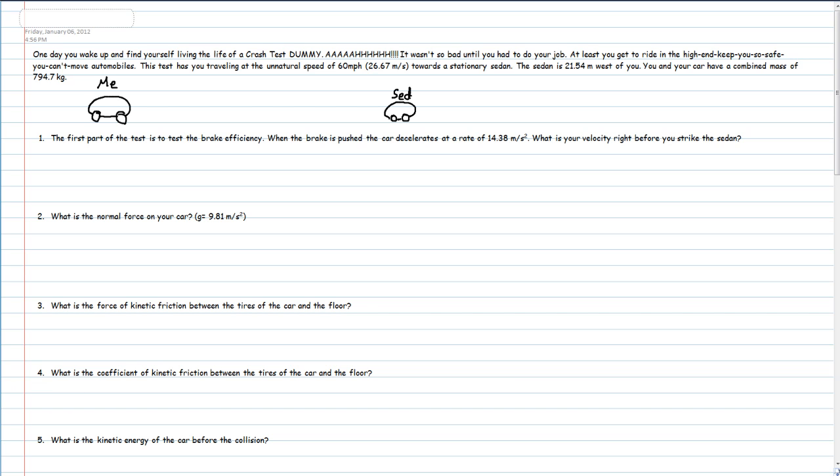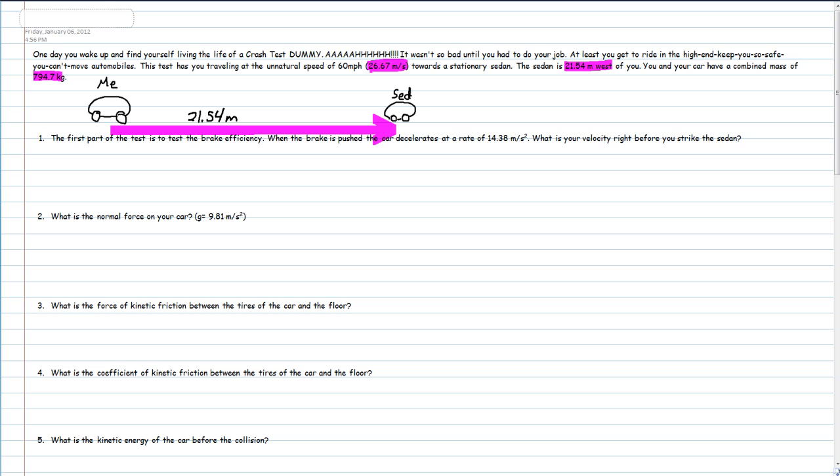Alright, now there's some things I need to pick out from my scenario, such as I am traveling at 26.67 meters per second. The sedan is 21.54 meters west. And we have a mass of 794.7 kilograms. So if I were to label this, draw me an arrow right there. I will say that that distance right there is 21.54 meters.